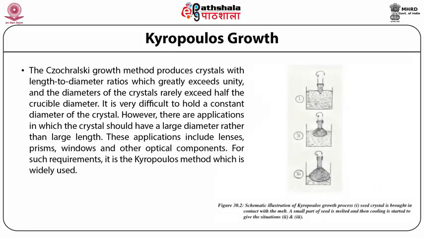Figure 30.2 is a schematic illustration of the Kyropoulos growth process. In 30.2(1), the seed crystal is brought in contact with the melt. A small part of the seed is melted and then cooling is started to give the situations as shown in figure 30.2, 2 and 3.